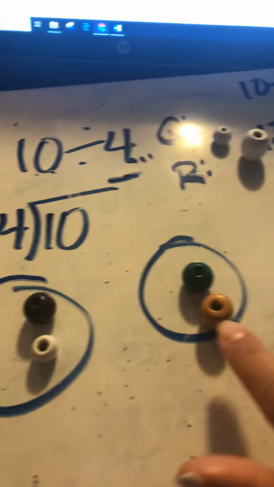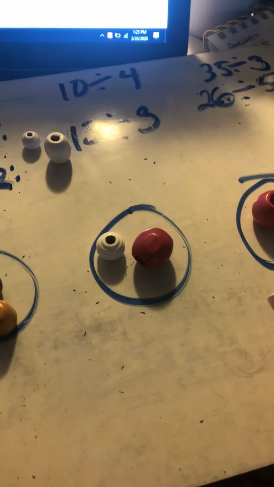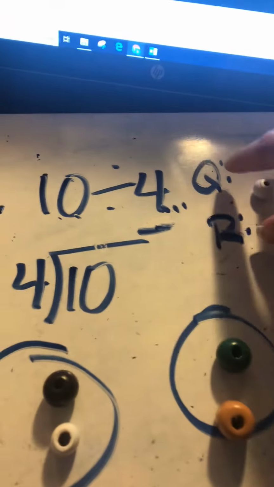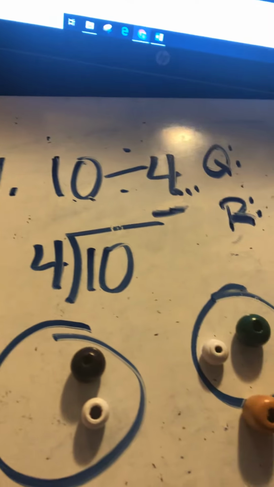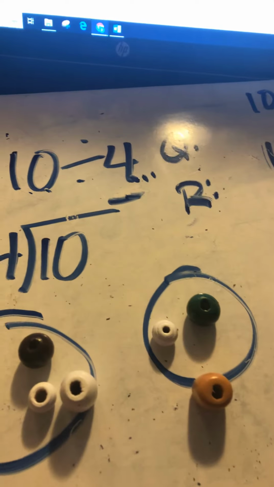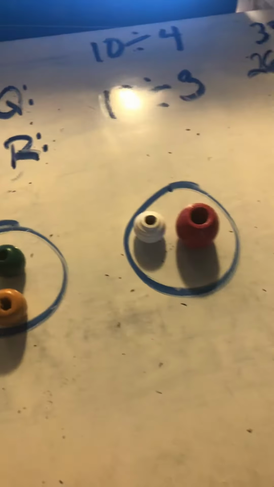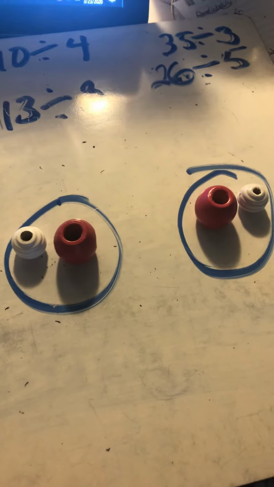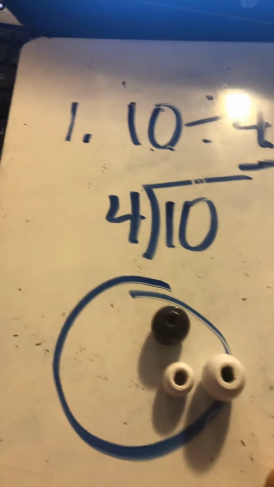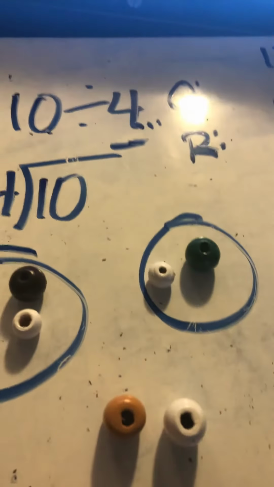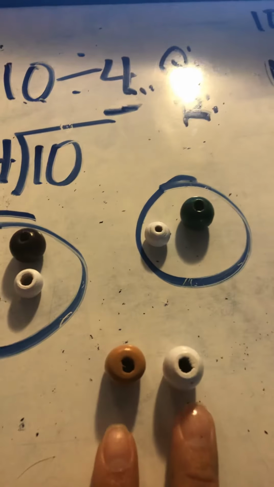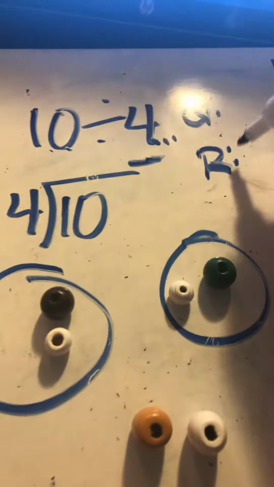So every circle has to have the same amount. So since these two can only go in this circle, right? And this one, these two will be left without 3, right? So we're not going to use this one and this one. We're going to take those 2 out. So our remainder is going to be 2.